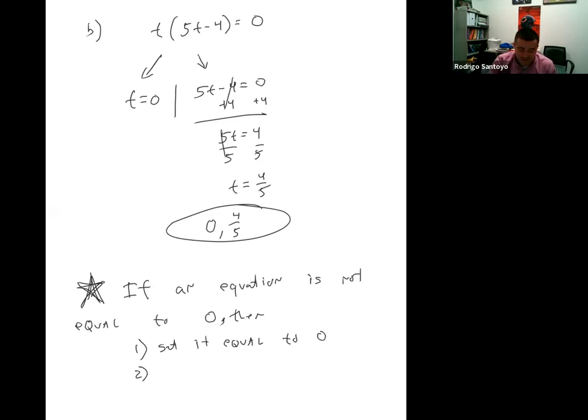Second thing you do then is factor it. And the third thing you do now is use the principle of zero products property.